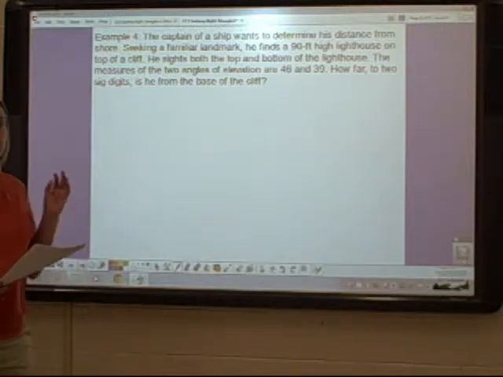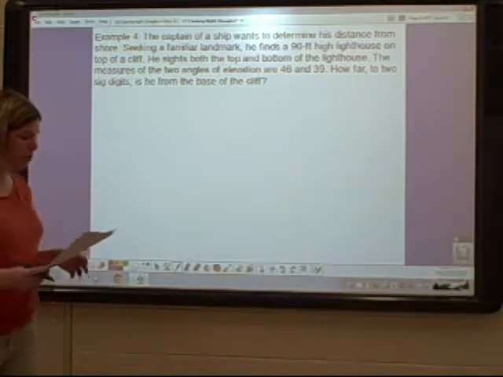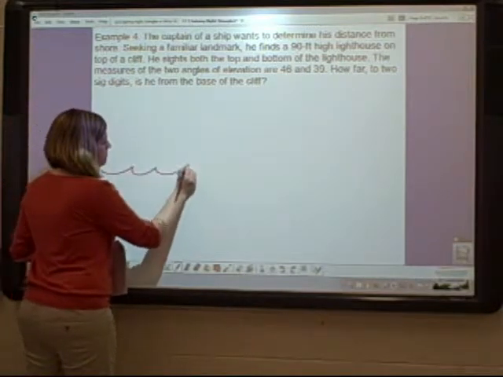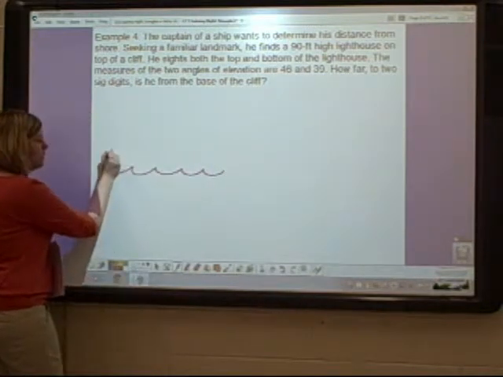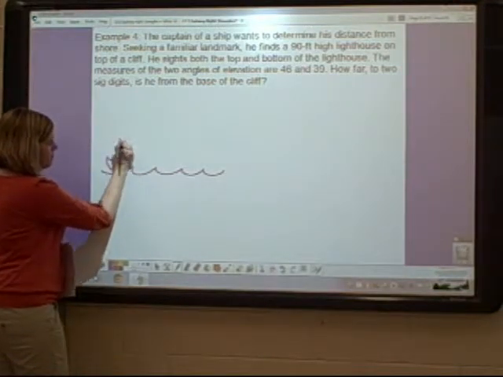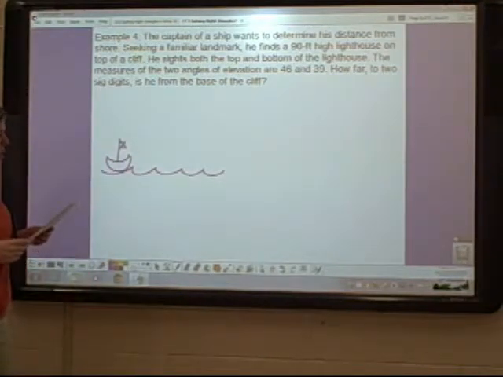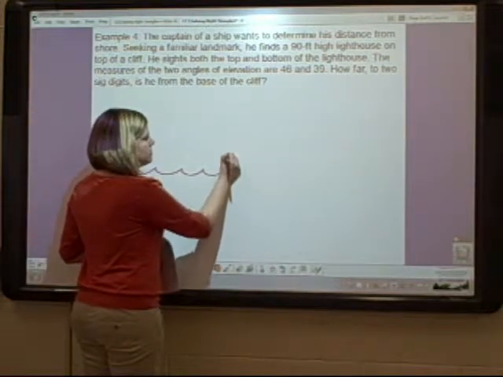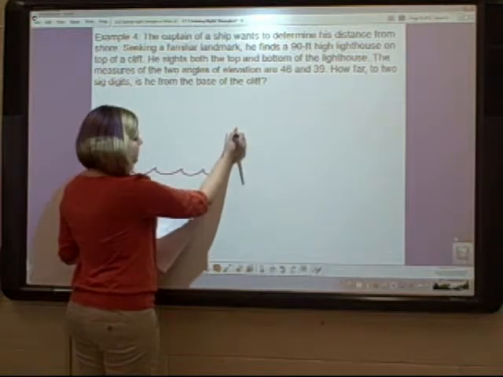Okay, first off, let's work on drawing our picture. We've got our water, because we have our man on his ship. And he's looking up at a lighthouse, which is on top of a cliff. So let's say this is the cliff.